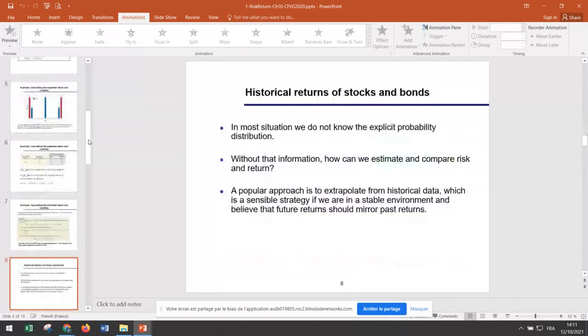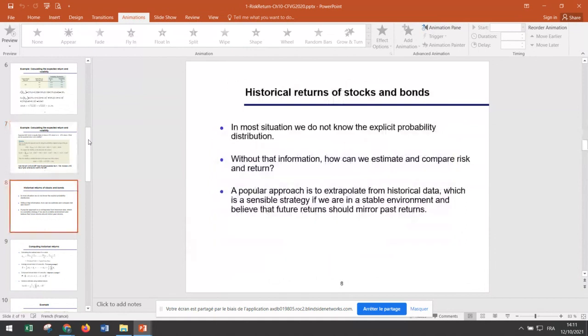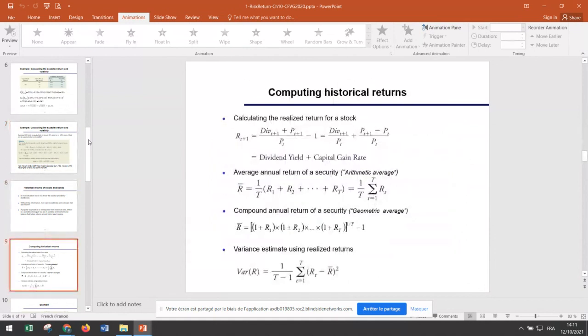And then obviously, if you have this kind of probability and the possible returns, which are quite difficult to determine, what we can do is use some historical returns of stocks and calculate the historical average returns. The average return we can calculate in two ways.